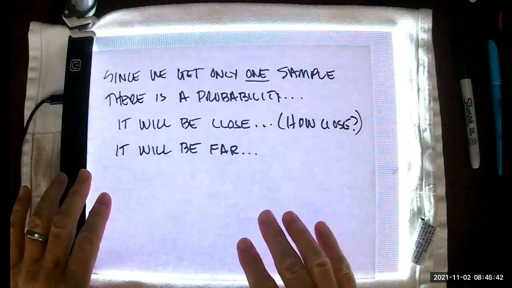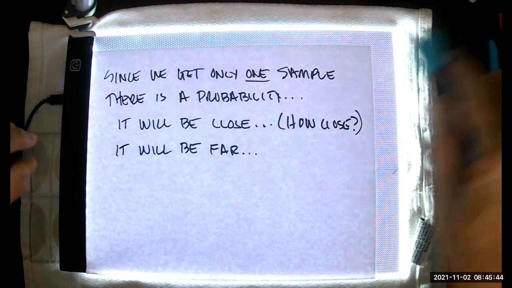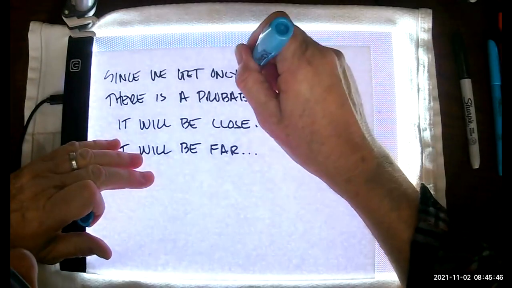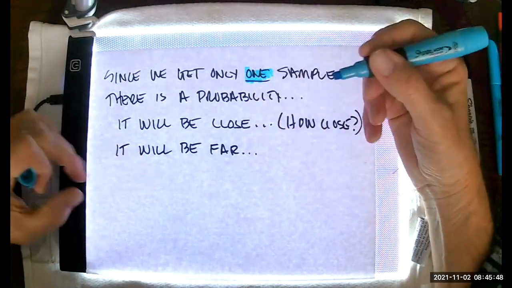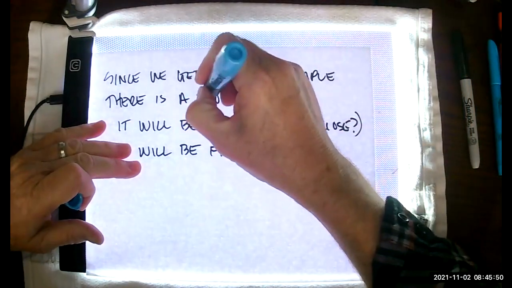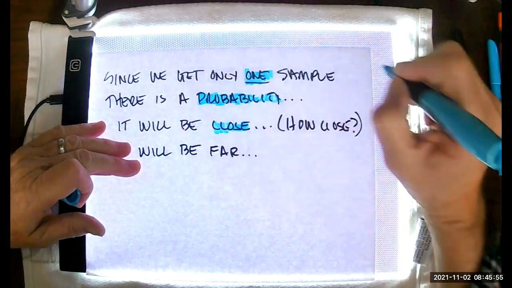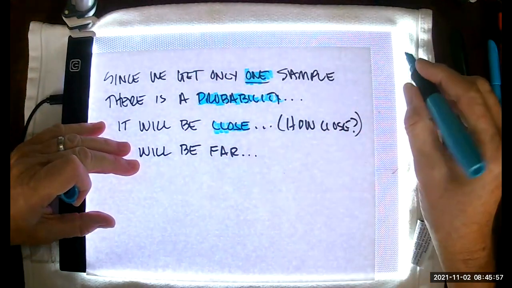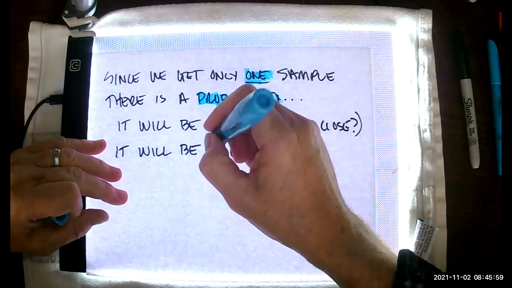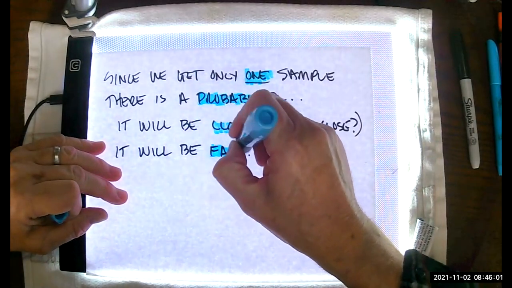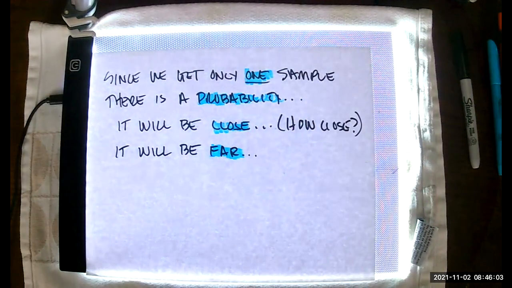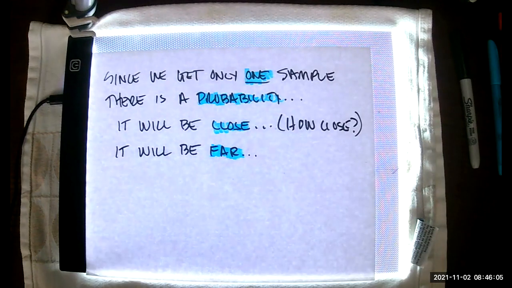And I really need to consider this because since we only get one sample, there is a probability that my sample is close to that mama duck, that population parameter, but there's also a probability that it will be far. And the idea is to try to quantify these probabilities.